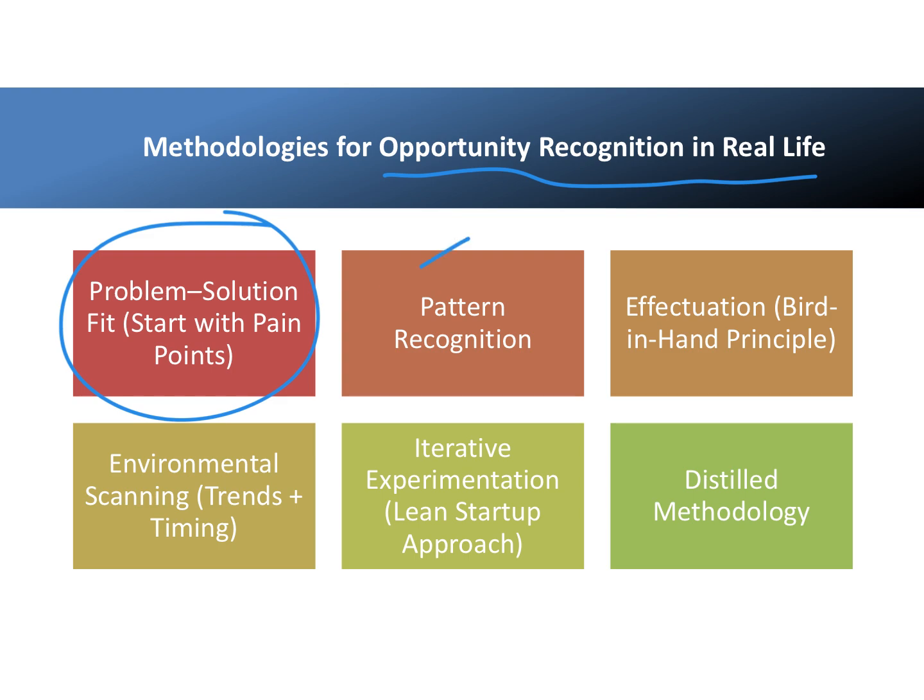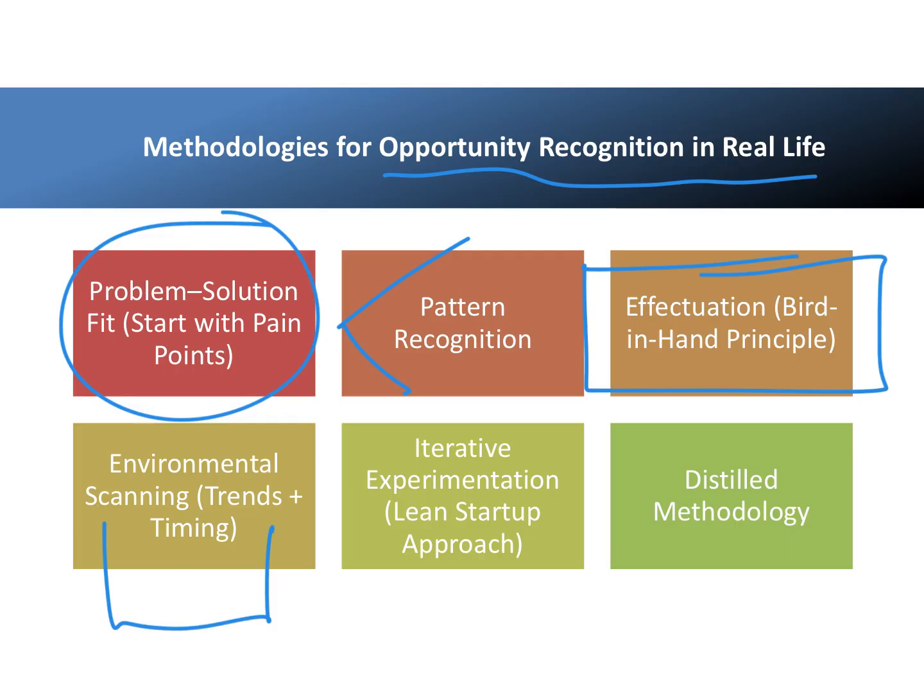Pattern recognition, you might be looking at a specific customer's behavior patterns. What do I have available to me? What resources do I have available to me, and how can I create something out of that? Look at market trends, timing, experimentation.